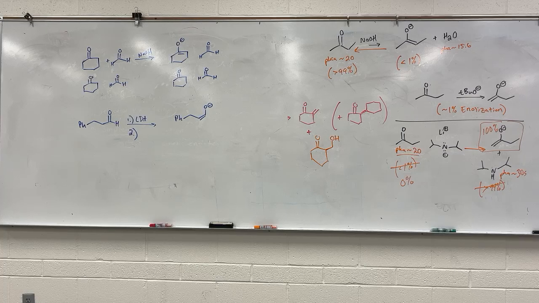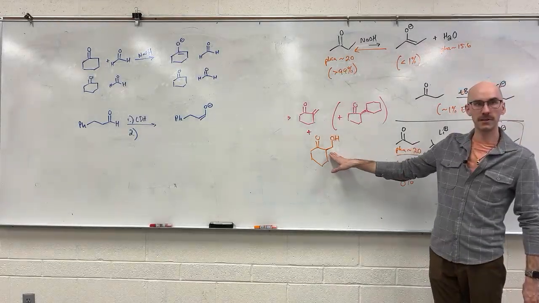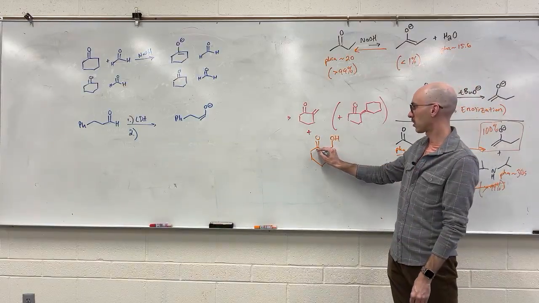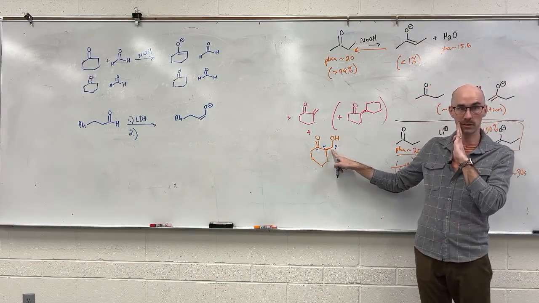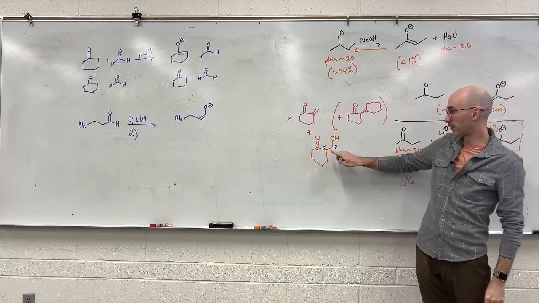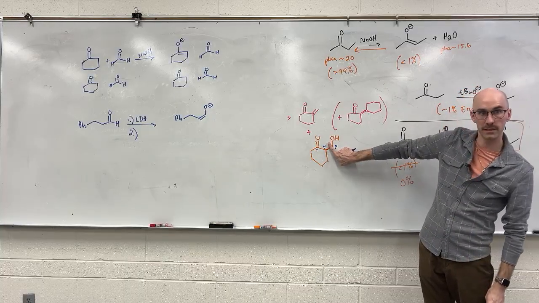Do you know what a beta hydroxycarbonyl should look like? Here's an example. Oh no, I erased it. Oh no, I got it. Here's beta hydroxy. Carbonyl, alpha, beta. Beta was a carbonyl carbon. I formed an alpha beta bond in doing this.